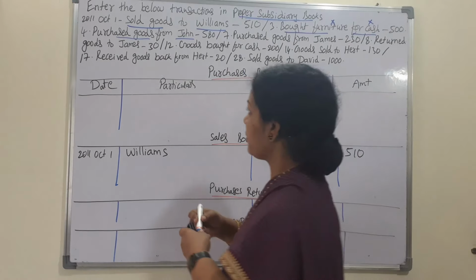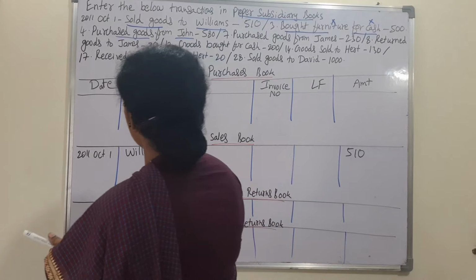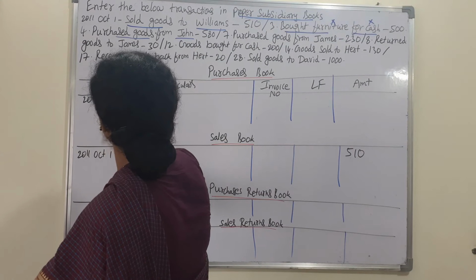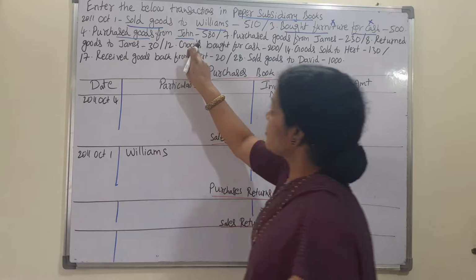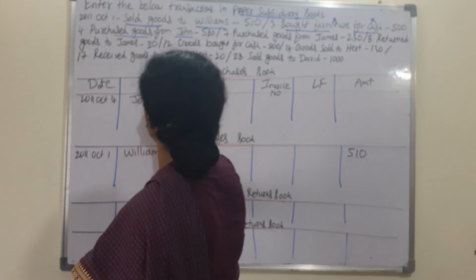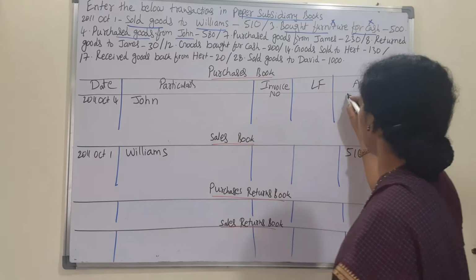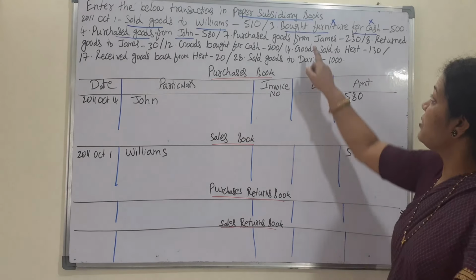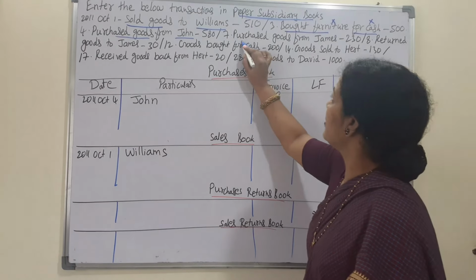This is on the 4th, so we'll write 2011 October 4th, purchased goods from John. We'll write John, 580. Over.